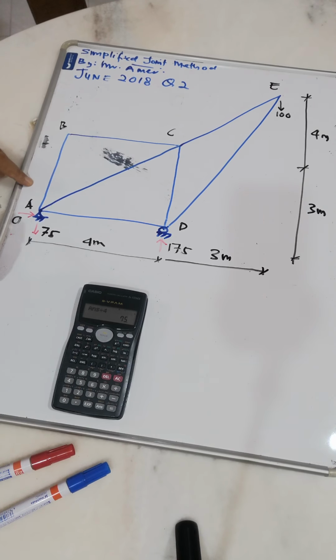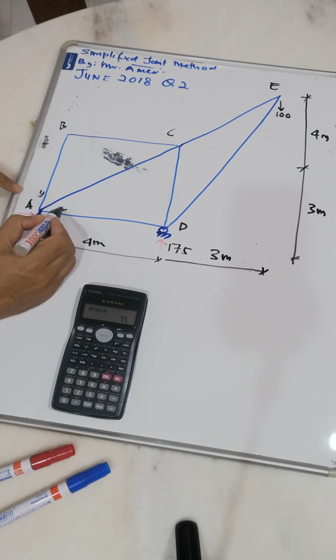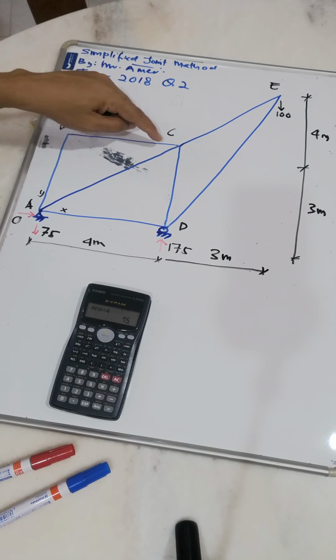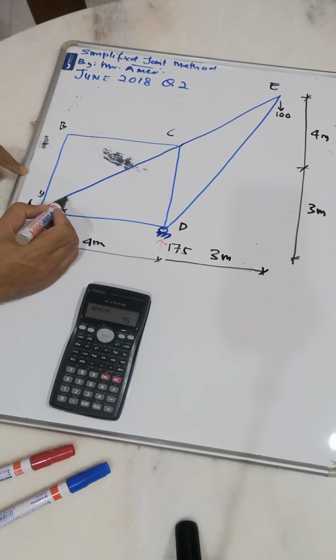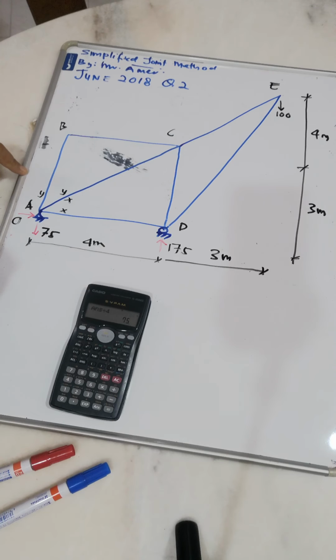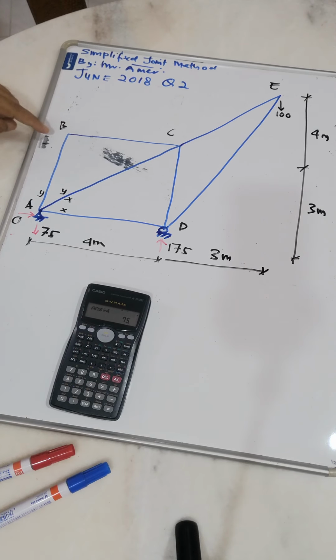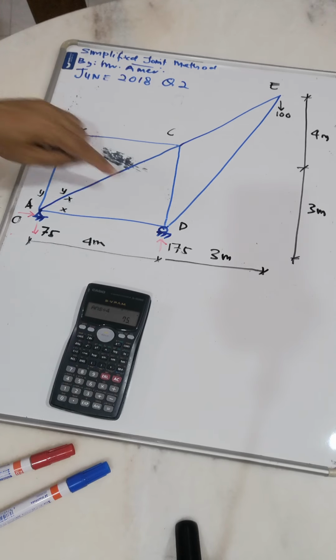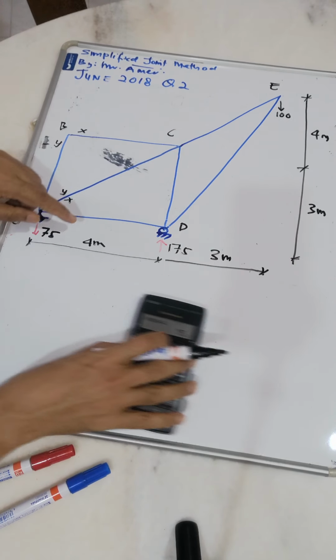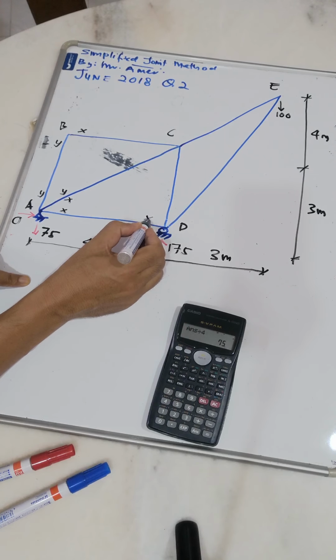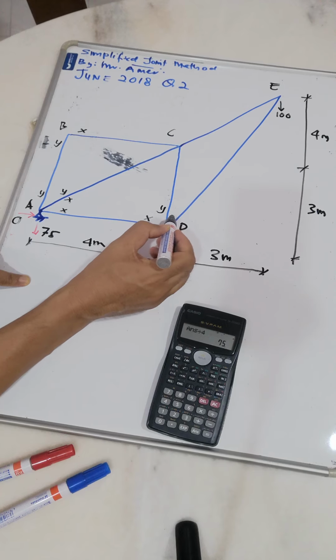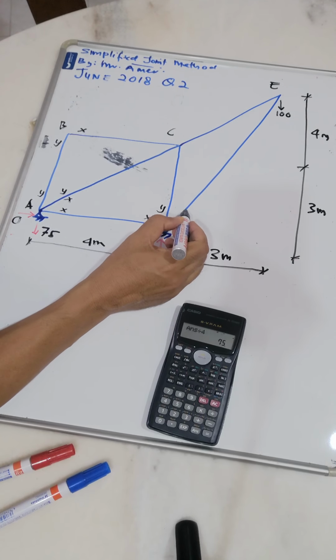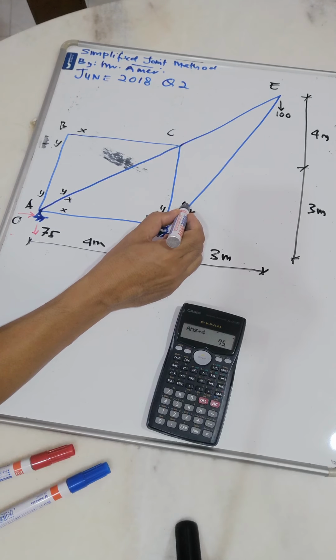There is an unknown in Y because this is a vertical member, an unknown in X because this is a horizontal member, and AC is an inclined member, so it has an unknown in X and Y. At B there are 2 members, one vertical and one horizontal, so there is an unknown in Y and an unknown in X. At D there are 3 members: an unknown in X because of the horizontal member, in Y because of the vertical member, and DE is inclined, so it has unknowns in X and Y.